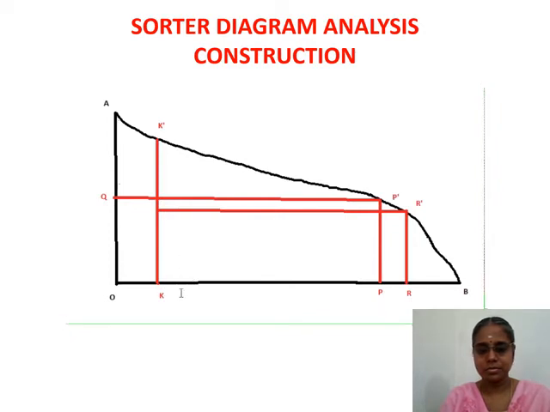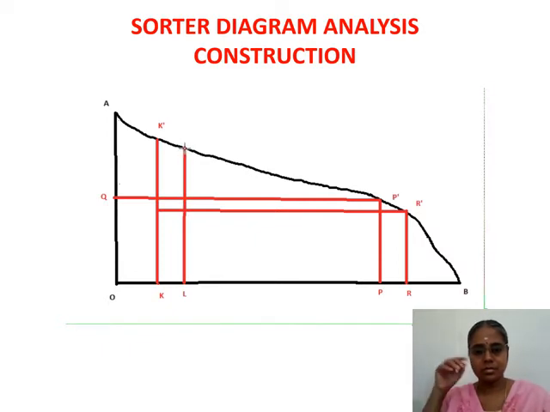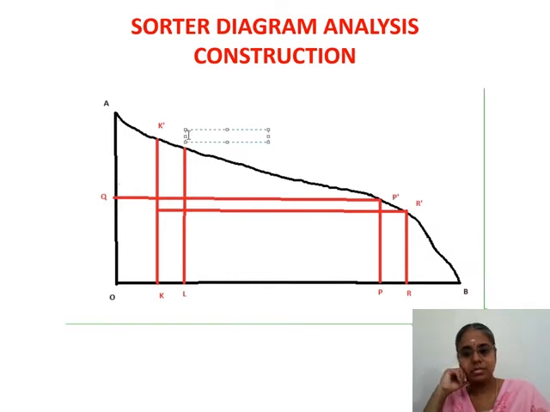So mark a point which is L, and from there you have to draw a perpendicular to OB L dash. So you are drawing L dash. This is your effective length. Now with this, almost your 80% is completed.